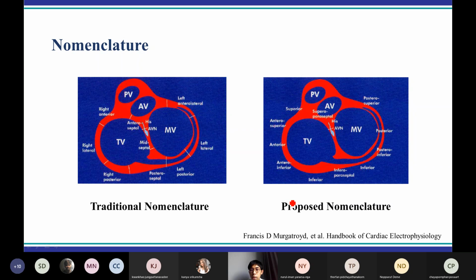We can call the location of the accessory pathway after this nomenclature. But usually in the clinical setting, we still use the traditional one to describe the location of the accessory pathway.